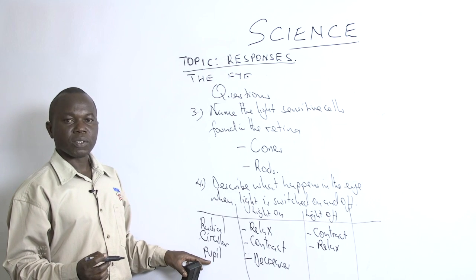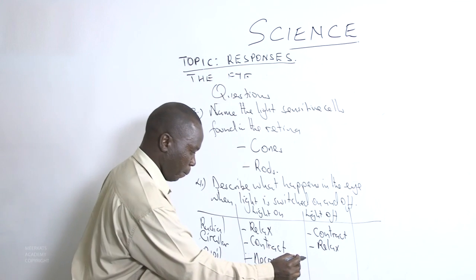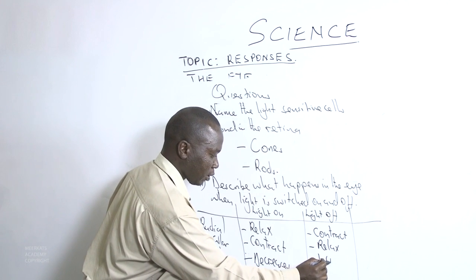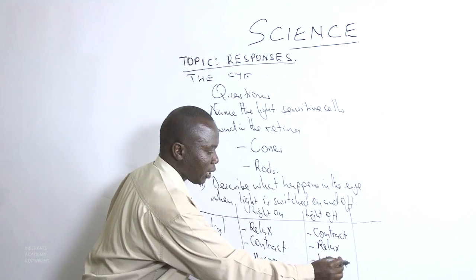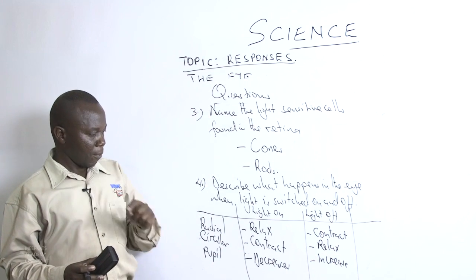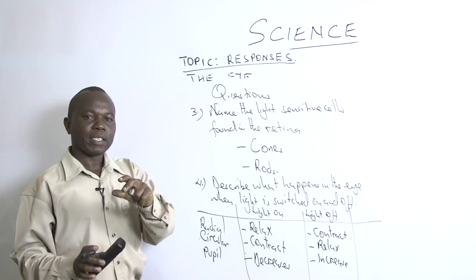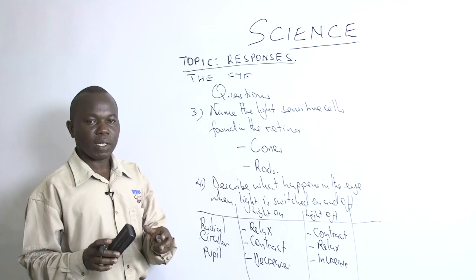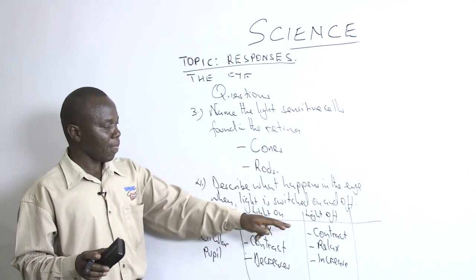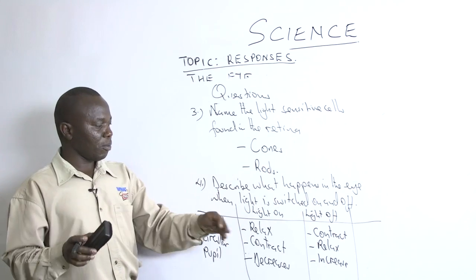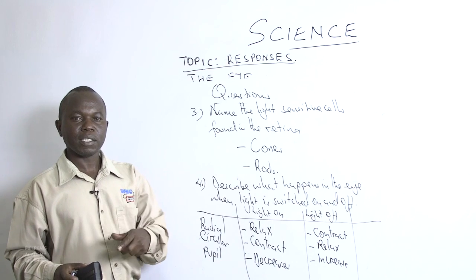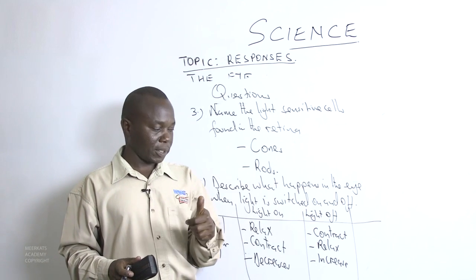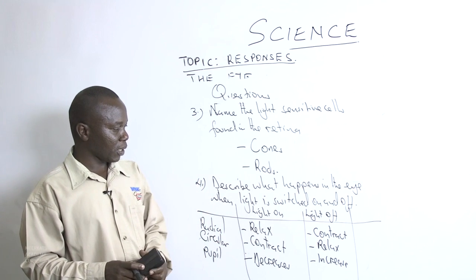When circular muscles relax, the pupil size increases. When pupil size increases, a lot of light will be allowed into the eye, so that they can perceive the object.